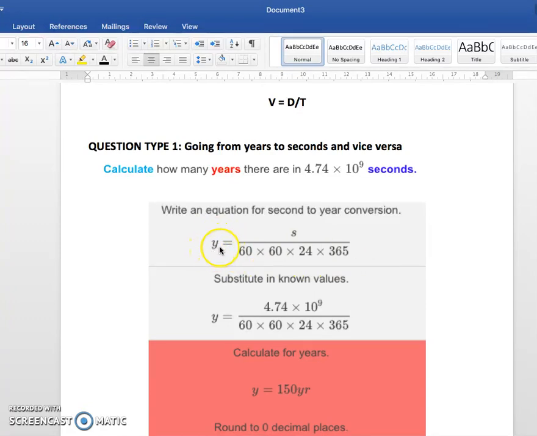We want to find the number of years, and we have the number of seconds. So the number of years is going to be much, much smaller than the number of seconds, which means we're dividing by this factor. So it's 4.74 times 10 to the 9 seconds divided by how many seconds there are in a year, and that will give you the number of years. If you do this, it's 150 years.